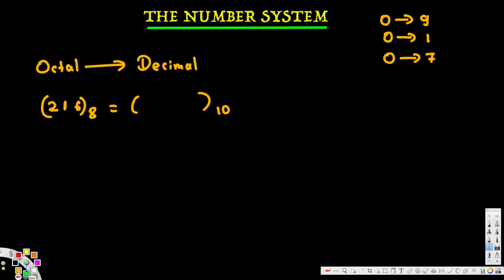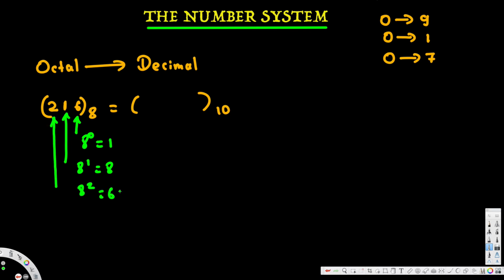In order to convert this one, we use a similar approach to decimal and binary. This is the power 0, and since it's octal, this is 8 power 0. 8 power 0 is what? That's 1. And this is 8 power 1, that's equal to 8. And this is 8 power 2, that's equal to 64. Now we just have to multiply.